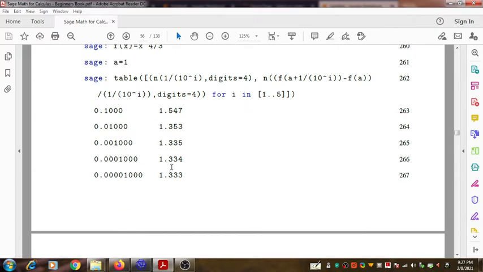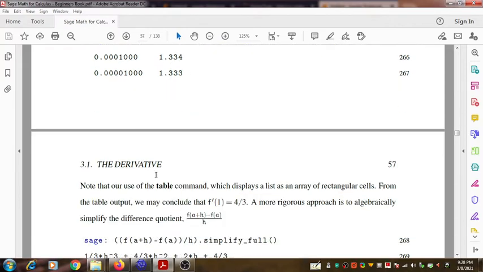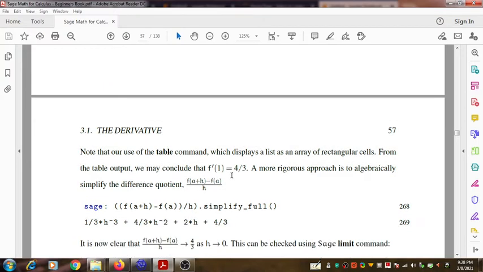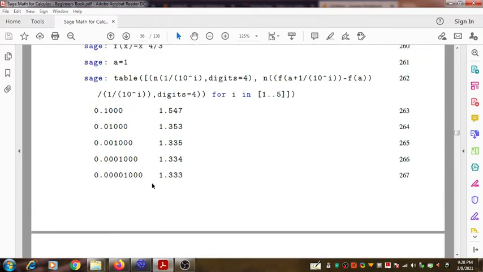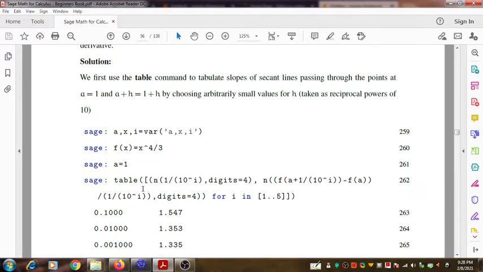The values obtained here tend to a particular number, 4 divided by 3.